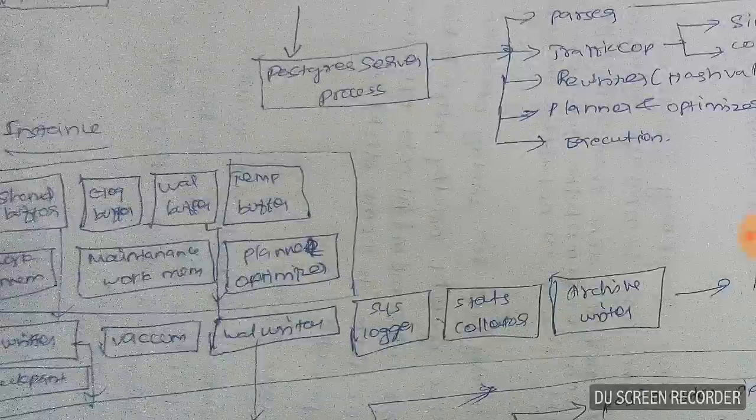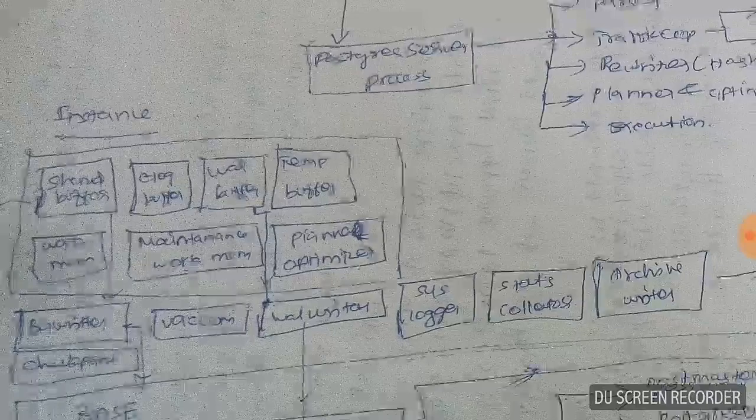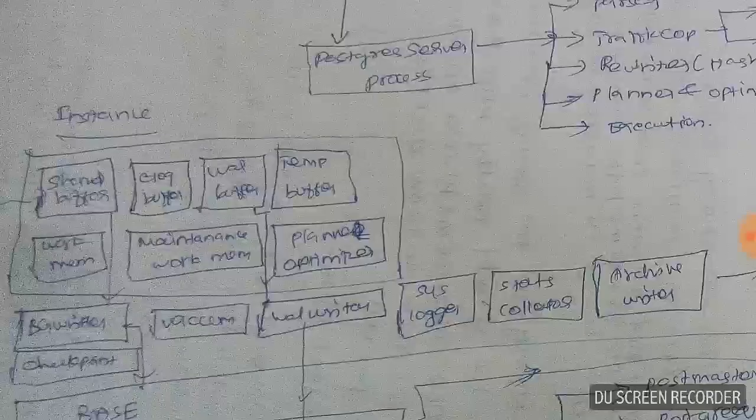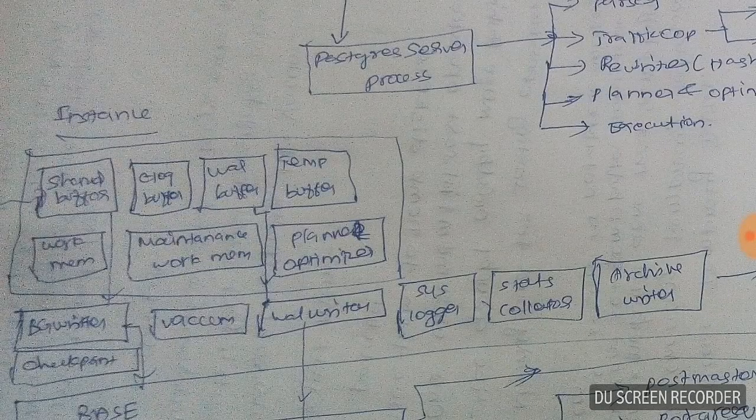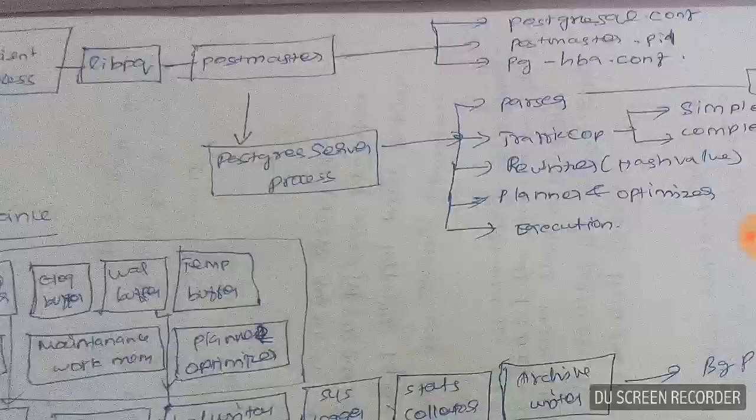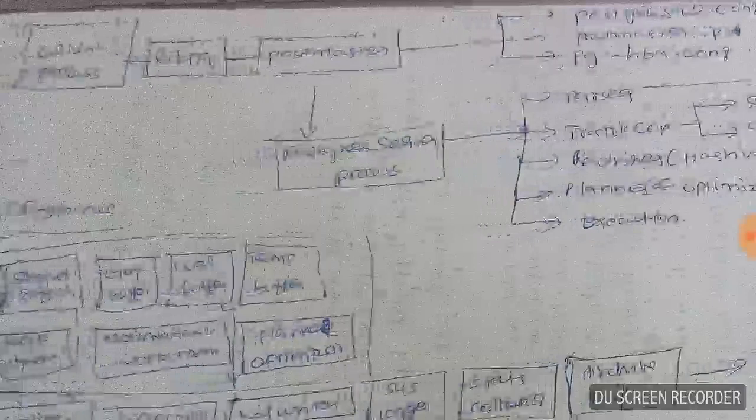If you disable it, at that time the CLOG buffer is mainly used. If you disable that parameter, the CLOG buffer will definitely occupy that memory while you are issuing a commit.